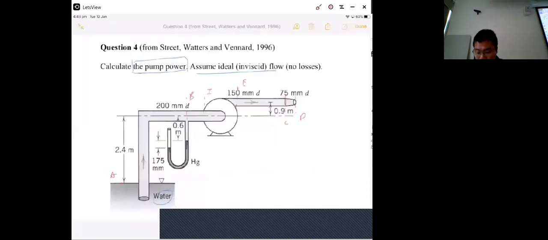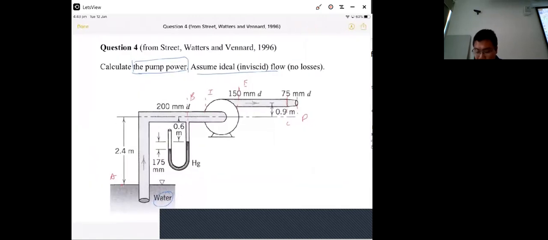And to write the energy equation, choose 2 points. Which points do you choose in this case? A, B, I, E, C, or D?